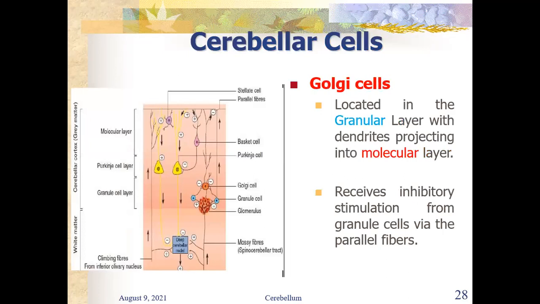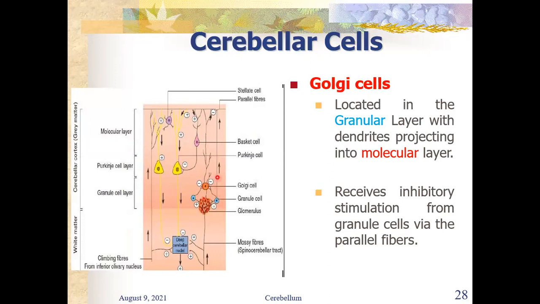So the Golgi cells are located in the granular layer. You can see the Golgi cells here, located in the granular layer. So they have dendrites projecting into the molecular layer. You can see them projecting into the molecular layer, and they receive information from the granule cells.